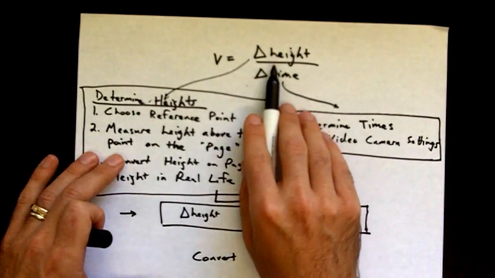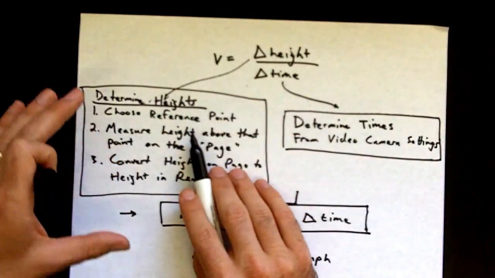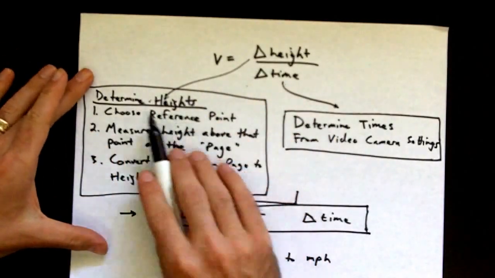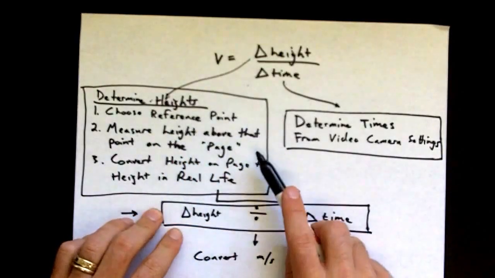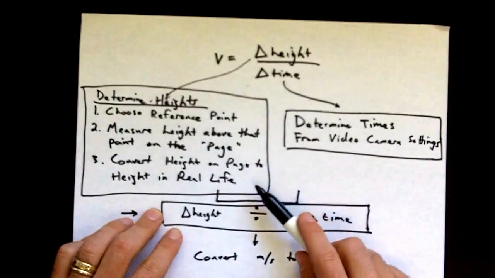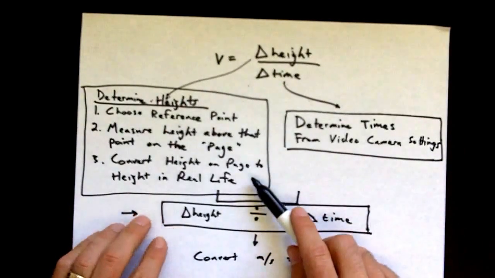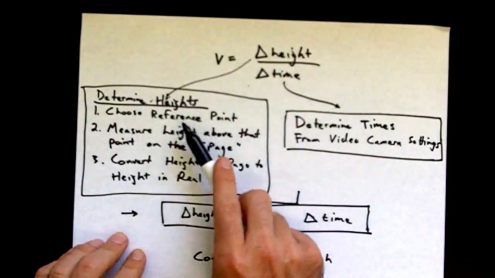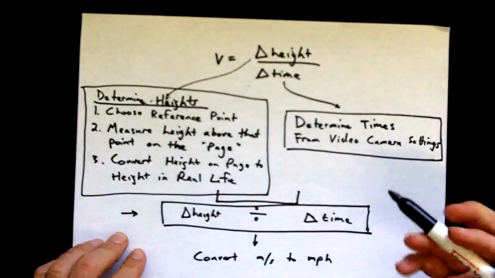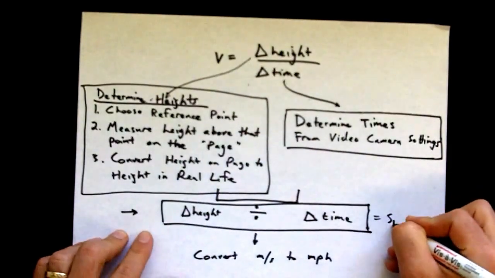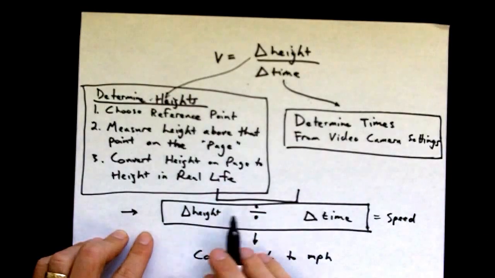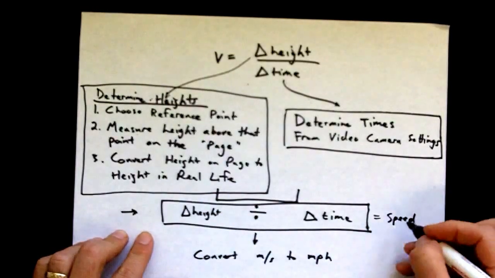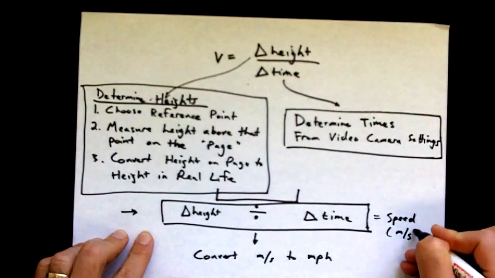So that's time. The height, well, it requires a little bit more in the way of calculations. To determine heights, we need to start by choosing a reference point, measuring the height above that point on the page, converting that height on the page to a height in real life, and then taking our heights and our times, dividing those out. That's going to get us a speed, and since we'll be using units of meters for height and seconds for time, that's going to give us a speed in meters per second.